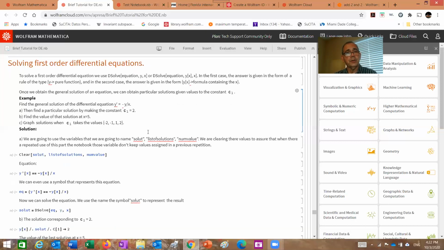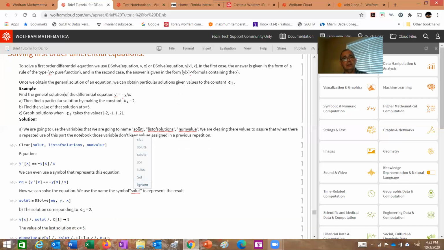And then we are going to use in what follows the following variables: solution, list of solutions, numerical value, number value, non-value.